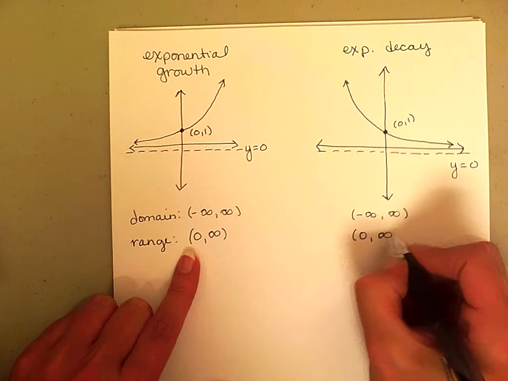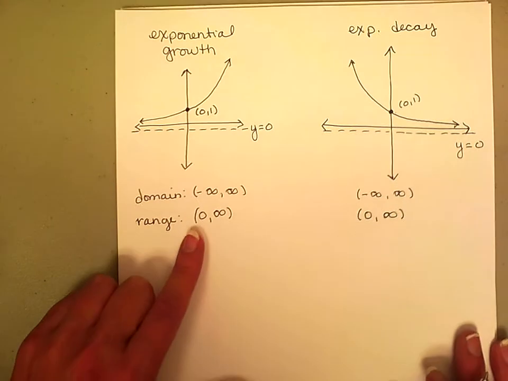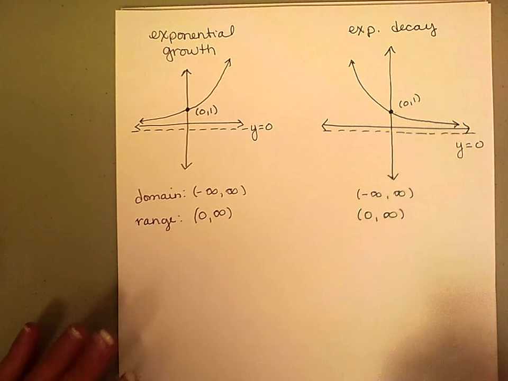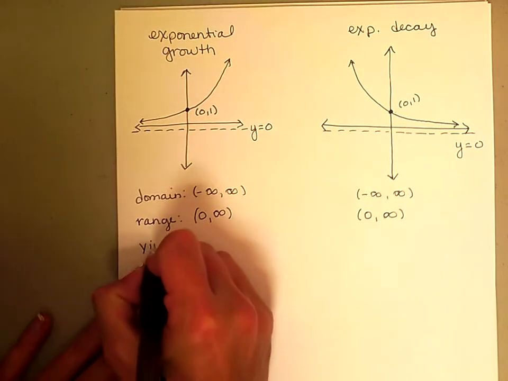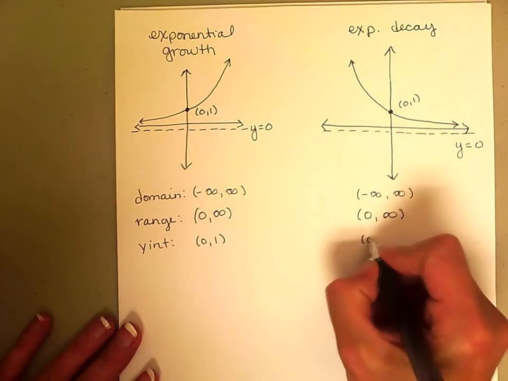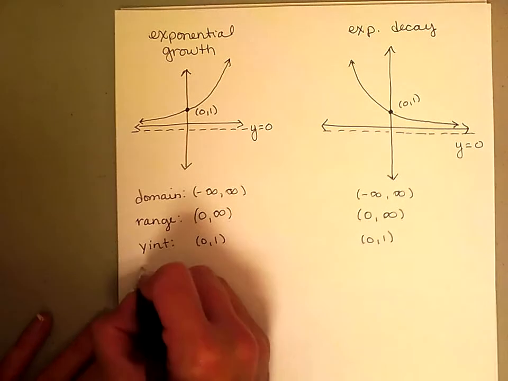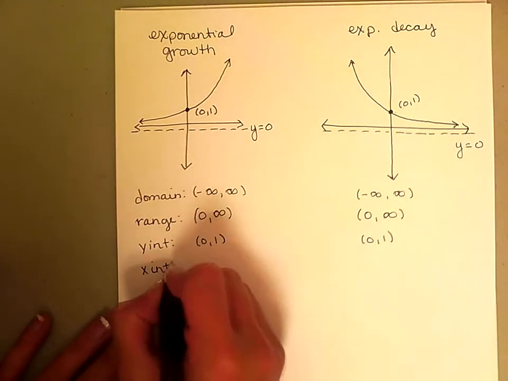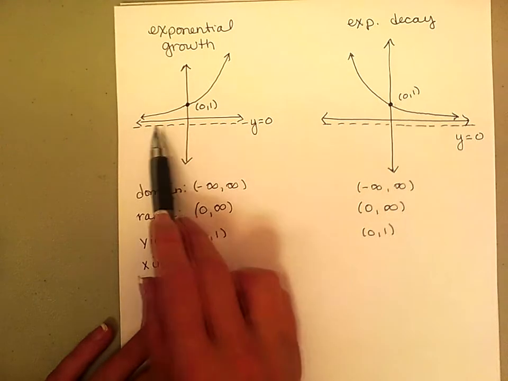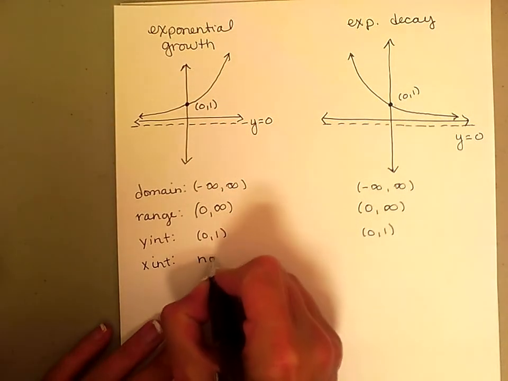And the same will happen in this case. Those are the domains, the range. They all have the y-intercept of (0, 1). And if we asked about x-intercepts, again, as a direct result of the horizontal asymptote, there is none.